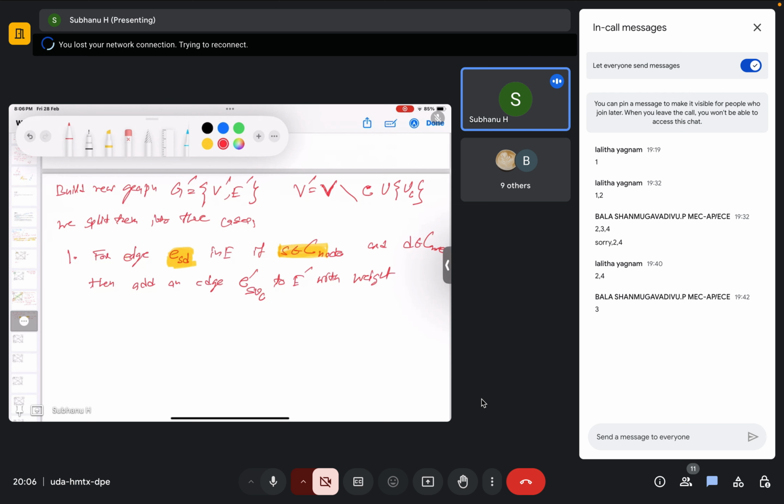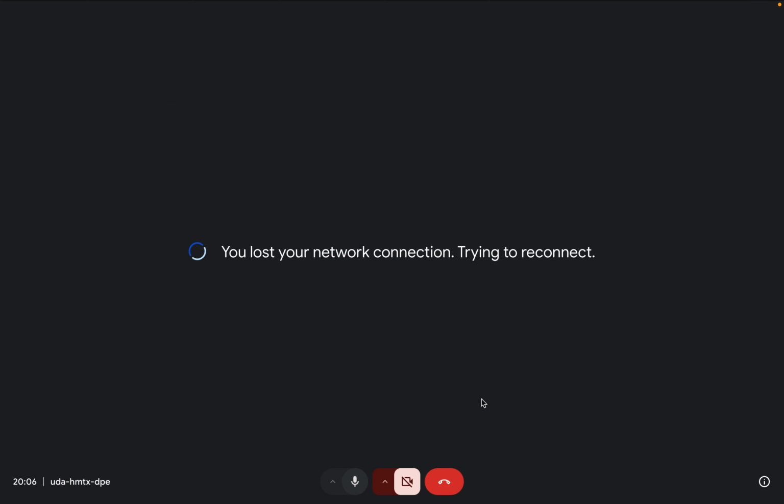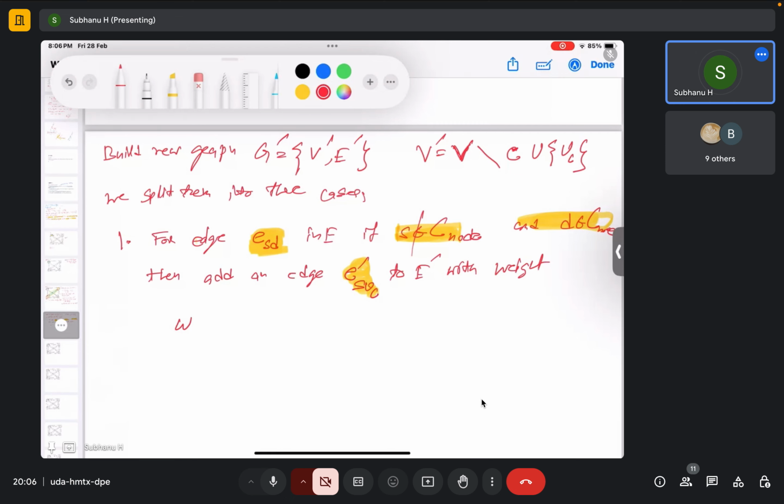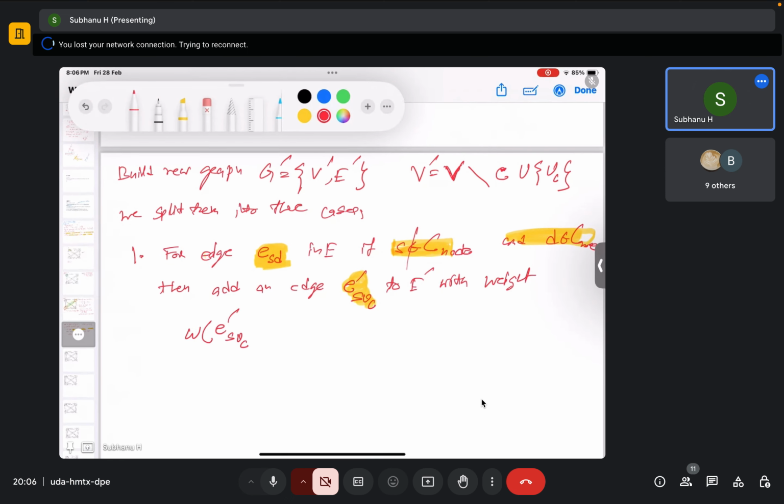Okay. Every edge here has some weight. So the weight of E dash is for VC.